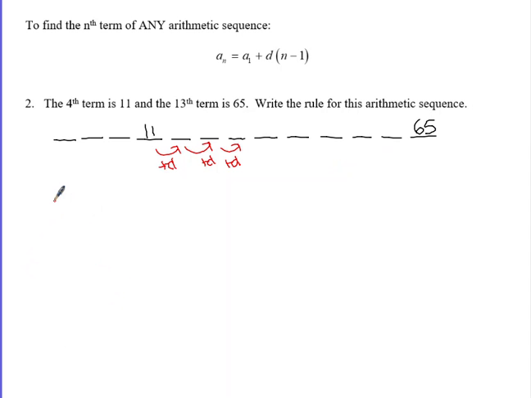So if I start at 11 and I add D 9 times, I should end up with 65. We can solve this and figure out what D is. We subtract 11 from both sides and divide by 9. We get that D is 6.